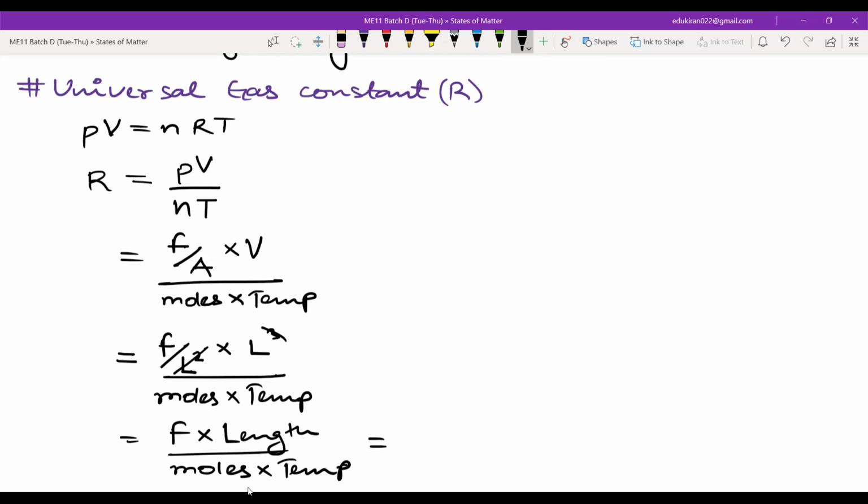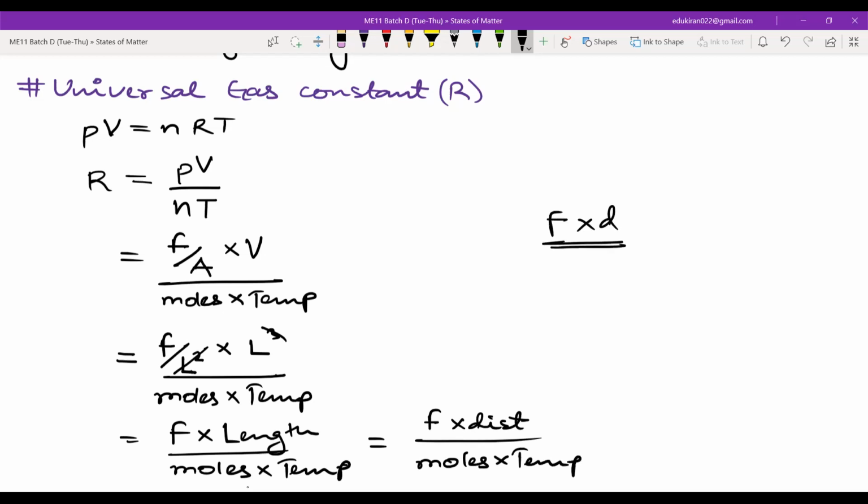What is length? Length is nothing but a distance, right? So you will have force into distance divided by moles into temperature. Now those whose physics is good will tell what F into D is. What is F into D? F into D is equal to what? Guys? Physics. So work. Yeah, very good.